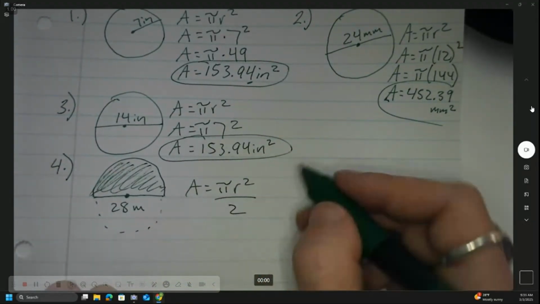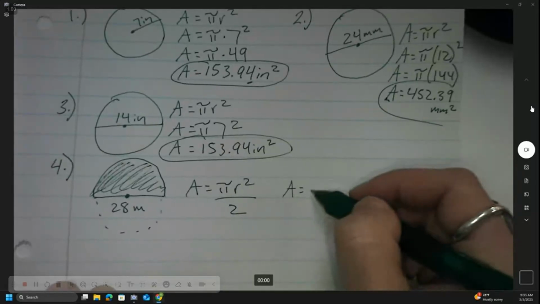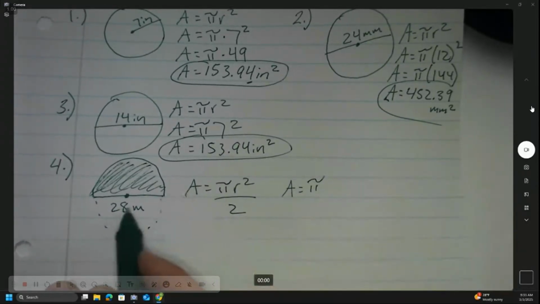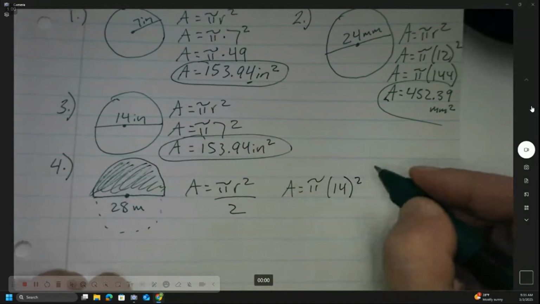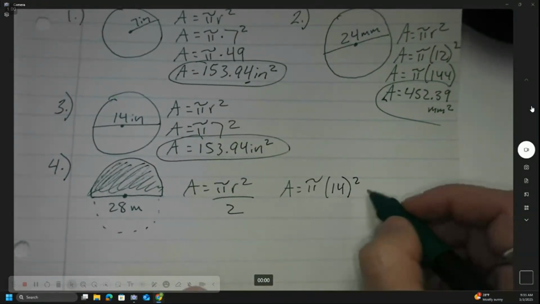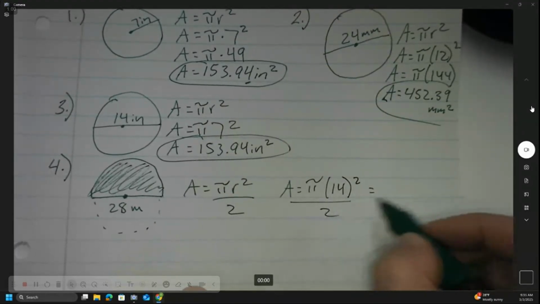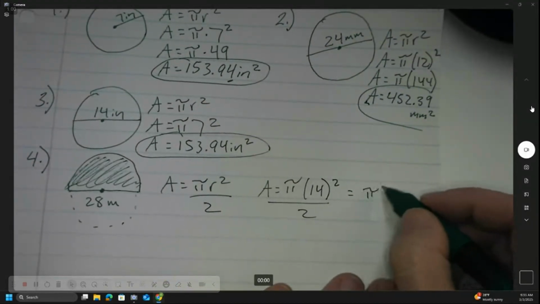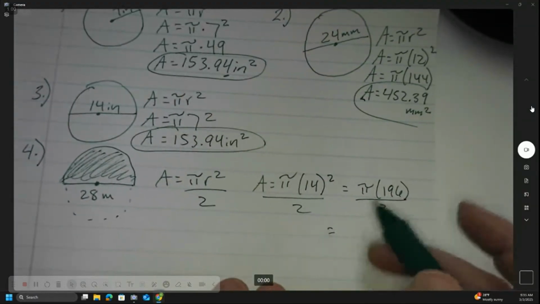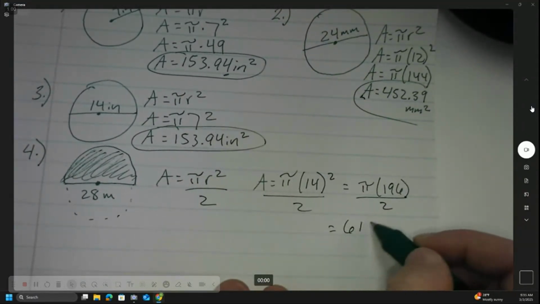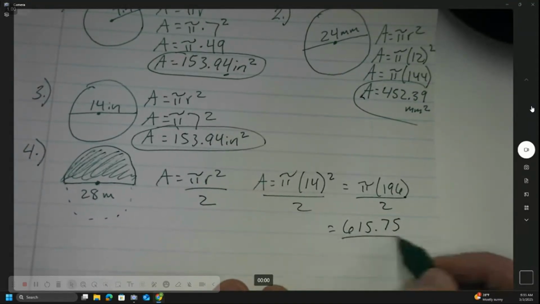So let's go ahead and plug in what we have. Pi times half of the diameter, 28, is 14, so 14 squared. 14 squared is 196. We're not dividing by 2 yet. Pi times 196 divided by 2. Pi times 196 is 615 and 75 hundredths.